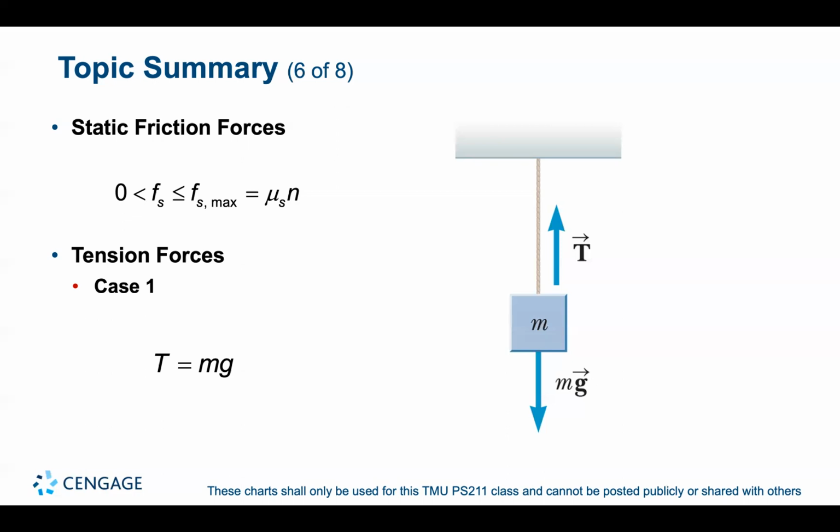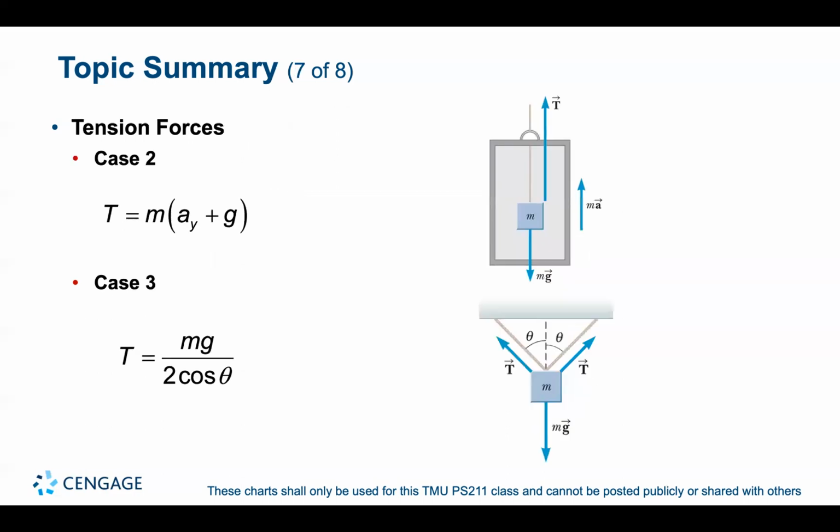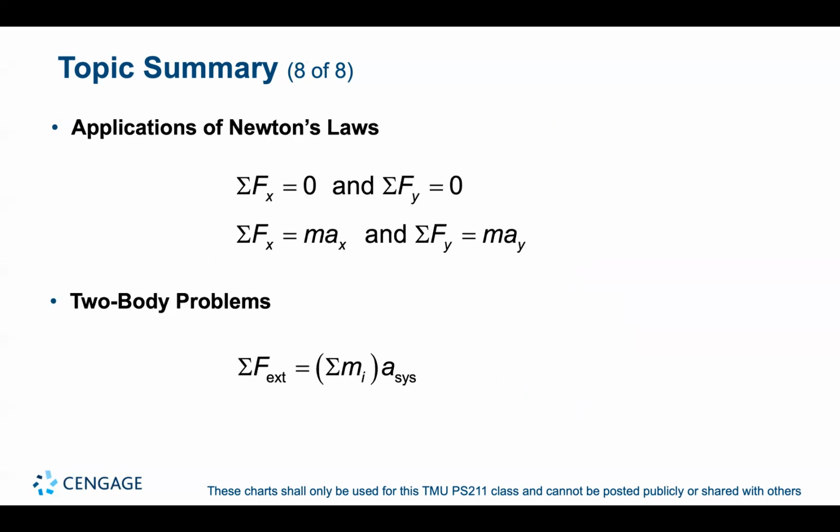Case 1, we have a vertical tension on a static object. Case 2, a vertical tension force on an accelerating object. Case 3 is 2 tension forces, a symmetrical case where the angles are not equal. It's necessary to develop 2 equations in 2 unknowns using Newton's second law for equilibrium.